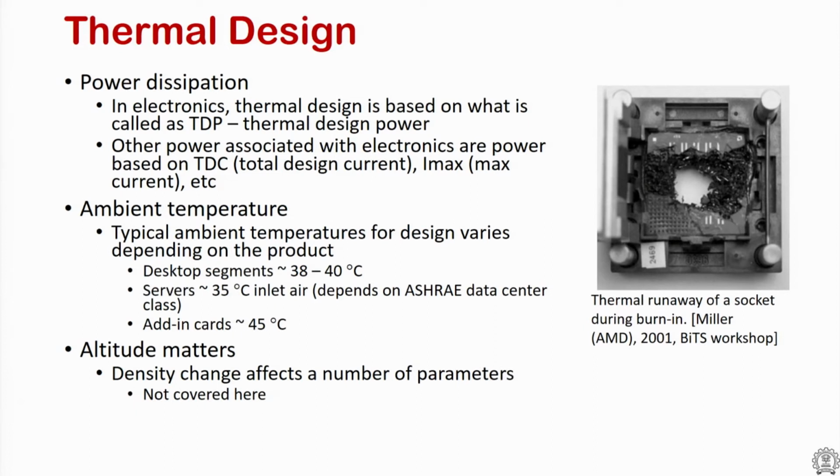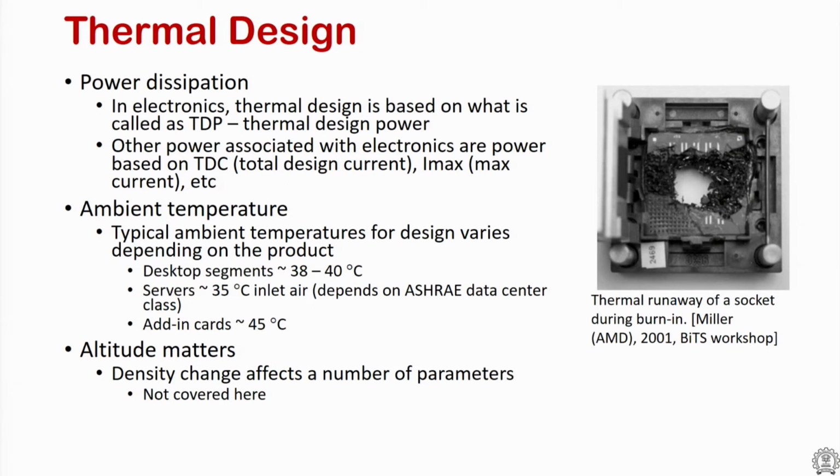The ambient temperature variation typically is assumed to be on the order of 38 to 40 degrees C, and for servers, because they are often kept in a well controlled room environment, the ambient is about 35 degrees. And for co-processors, recently there has been enormous growth in what are called add-in cards or video cards and other co-processors, like accelerator GPU cards.